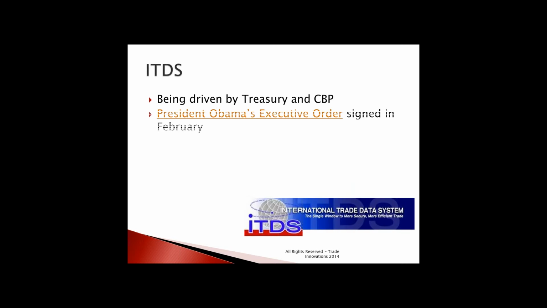So, again, it's being driven by Treasury and CBP, and in February of this year, President Obama signed an executive order mandating that all federal agencies that regulate or otherwise have oversight on commercial trade of foreign origin must become or join the ITDS initiative.